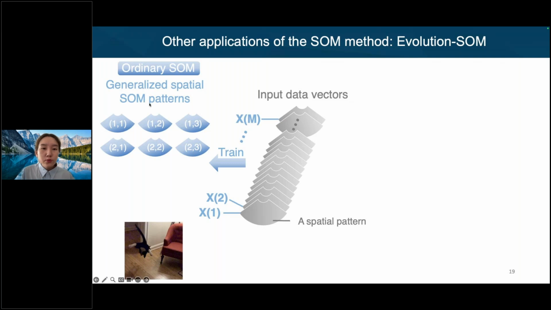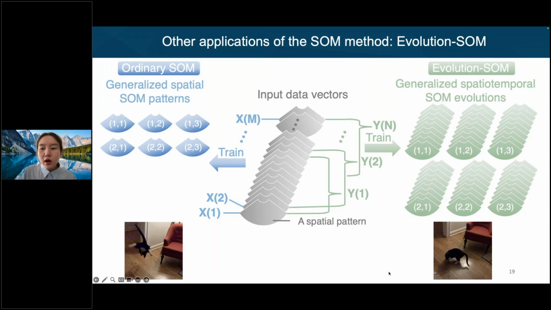In order to bring in the idea of time evolution, one way is to use the transition probability framework I showed today. In addition to this framework, during my PhD with my advisor, Dr. Melissa Gervais at Penn State, we also developed a new application of the SOM method named evolution SOM. Using this method, we are able to classify a set of short movies instead of snapshots.